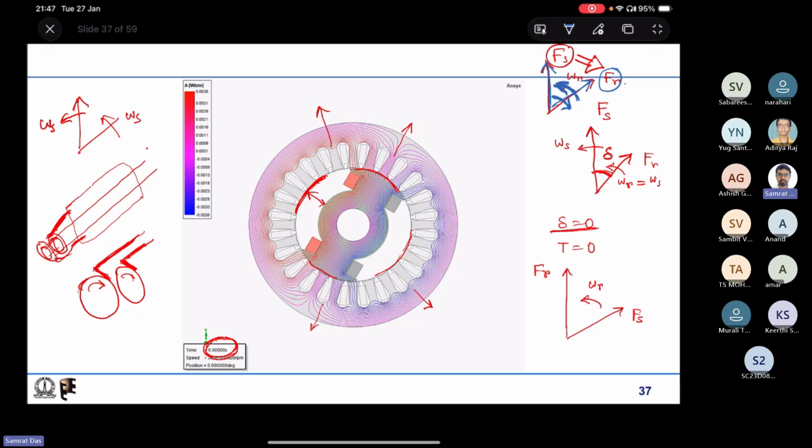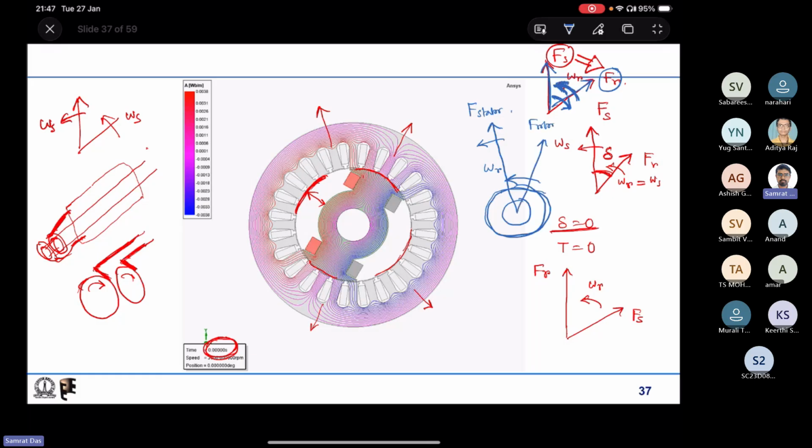So probably I can draw it like this. This is the rotor which is rotating. This itself is the rotor speed. Now there is some field produced by the stator. This is the stator field which is rotating, and there is a field produced by the rotor also.